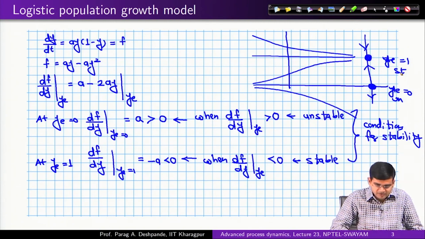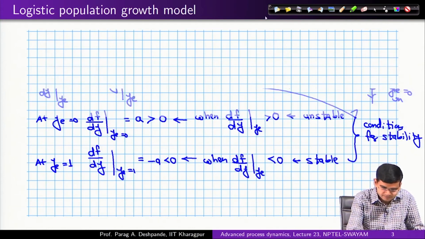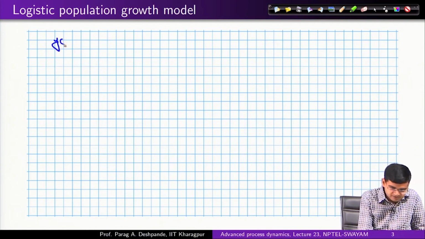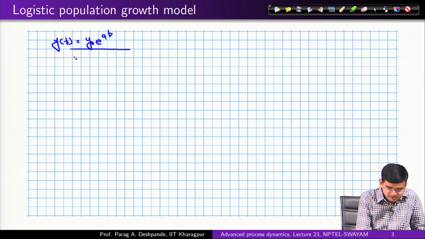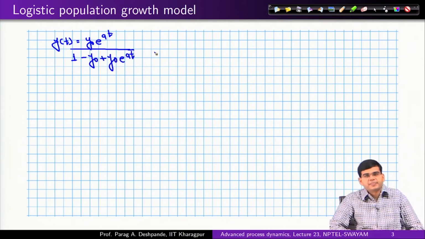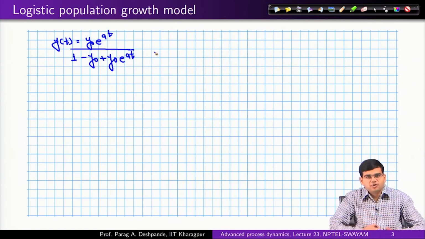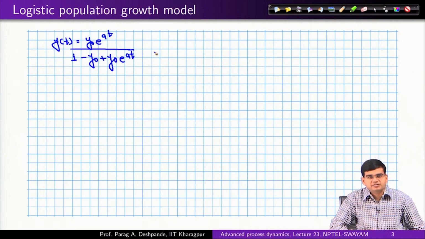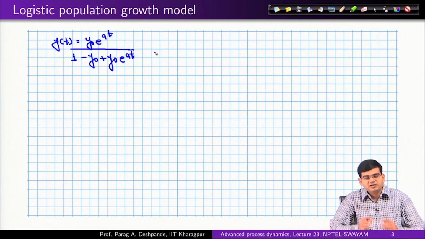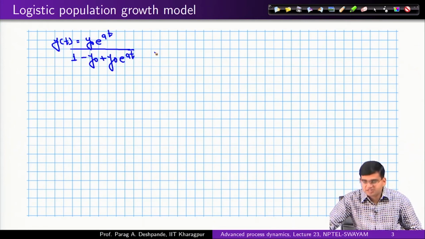Now, finally, when we wrote the expression y of t is equal to y 0 e to the power a t divided by 1 minus y 0 plus y 0 e to the power a t as the solution, without solving or plotting these solutions we got the phase portrait. We now need to see whether the phase portraits match.